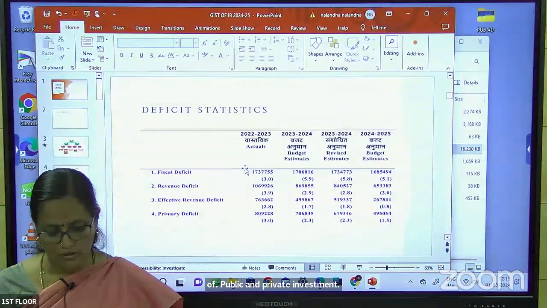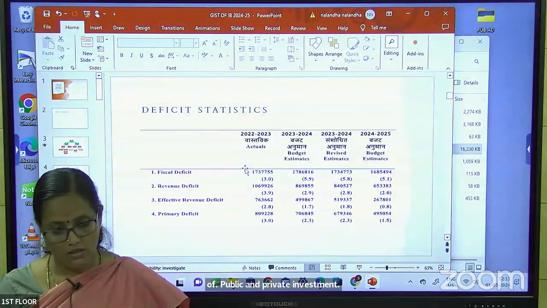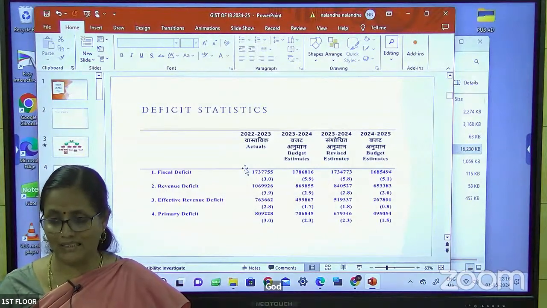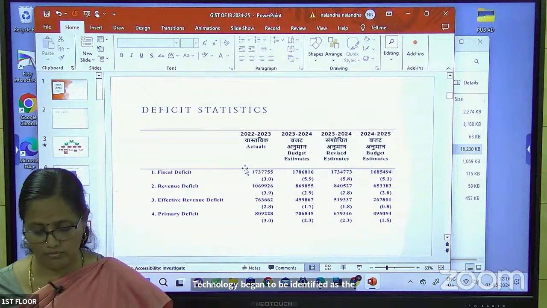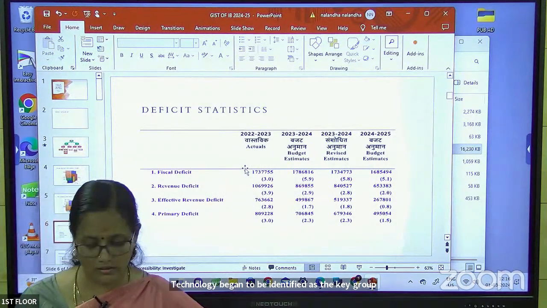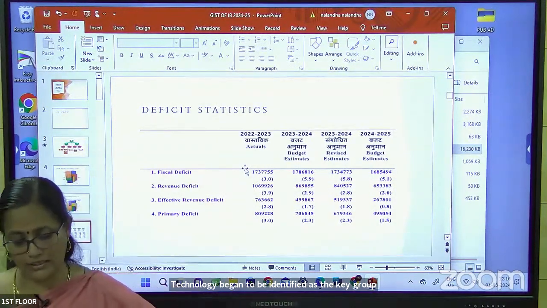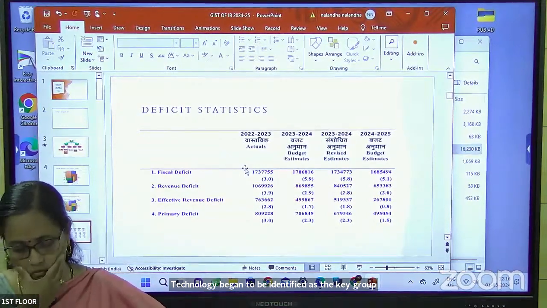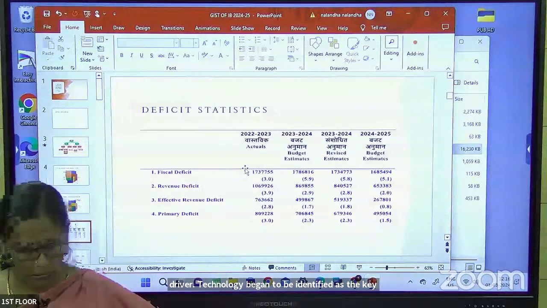Third, technology began to be identified as a key growth driver. This was the second point, with 3 sub-points.